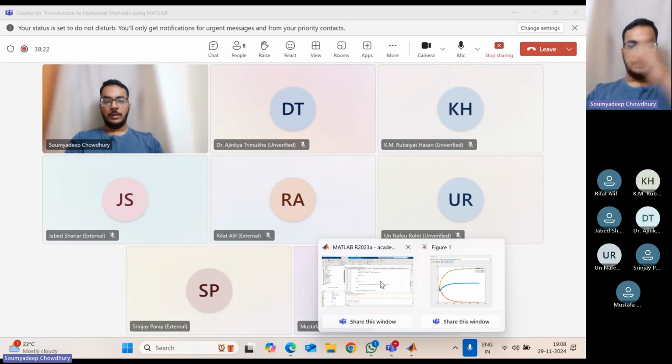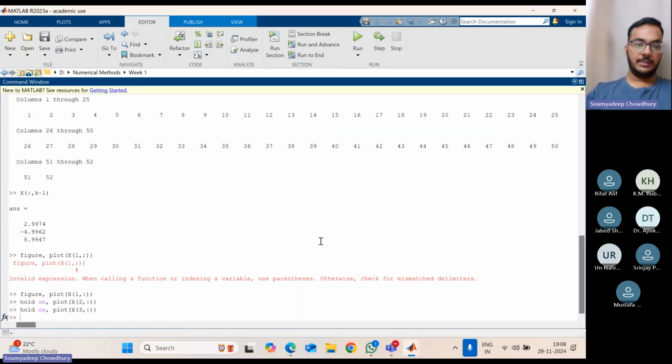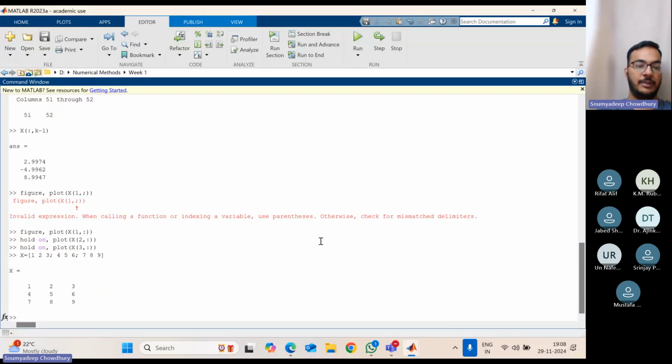I'll tell that. So basically, if you have a matrix like this, I'm giving a general example. Suppose you have 1, 2, 3 in the first row. In the second row, you have 4, 5, 6. And in the third row, you have 7, 8, 9. So this is my matrix, right?